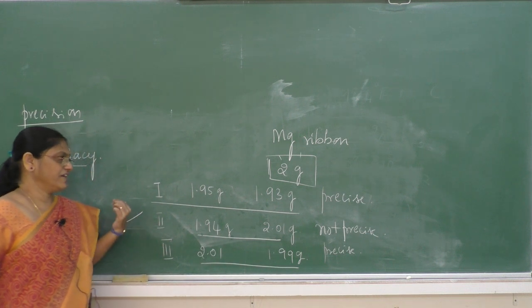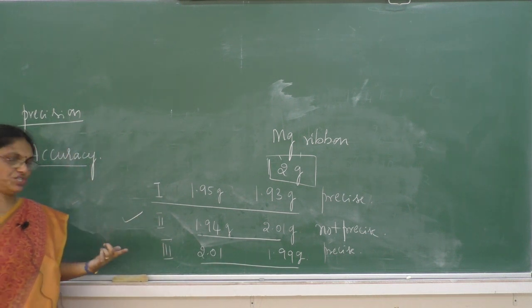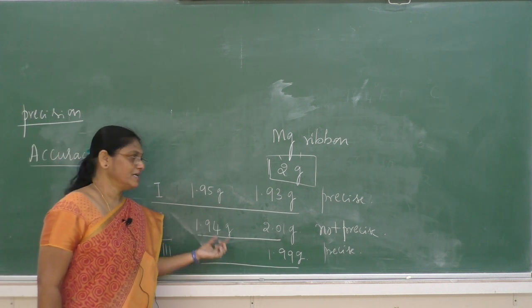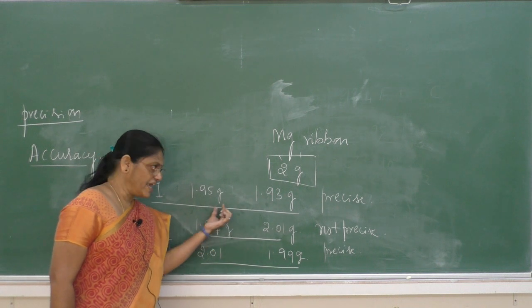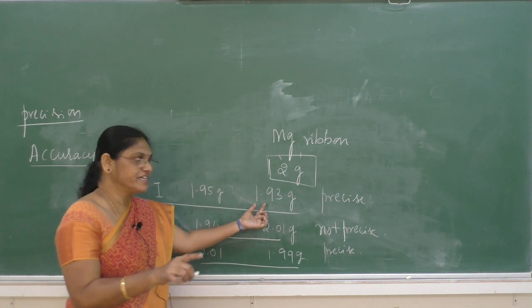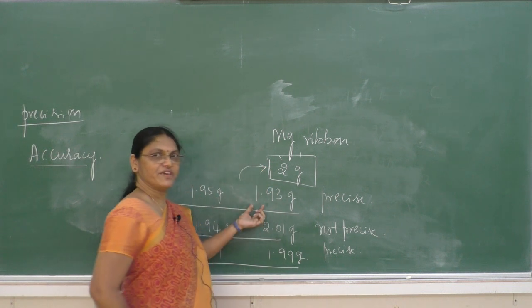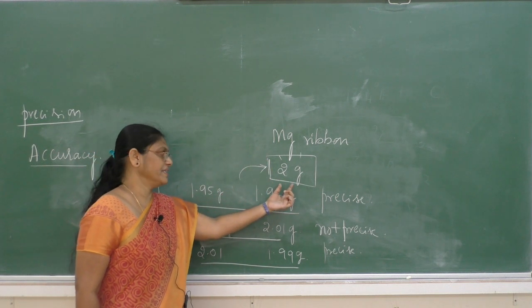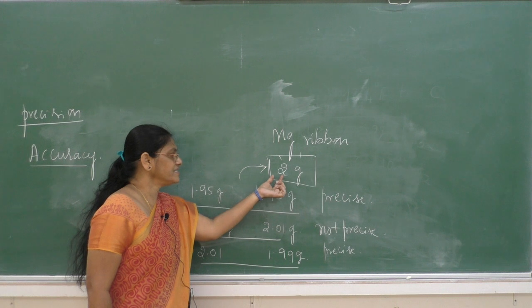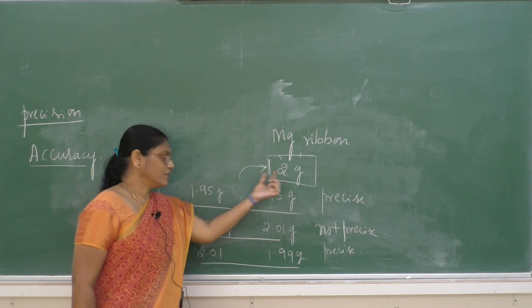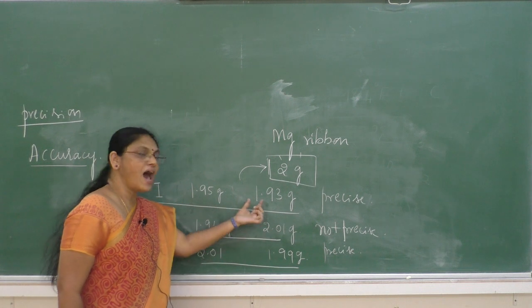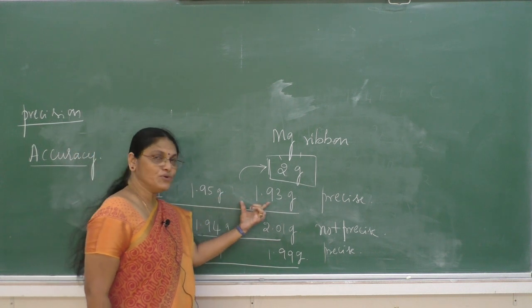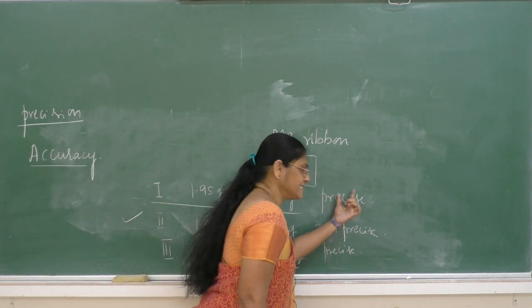So what is precision? The closeness of various measurements for the same quantity. Same quantity means, in this example, the mass of the magnesium ribbon, that is 2 grams. For this same quantity, the measurements are close to one another, so they are precise.